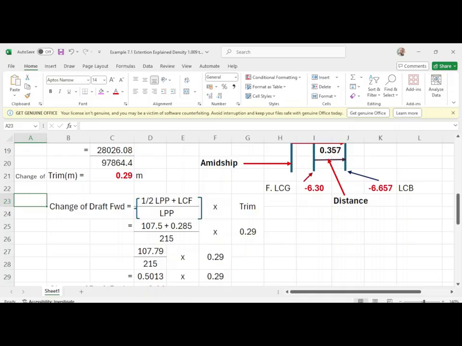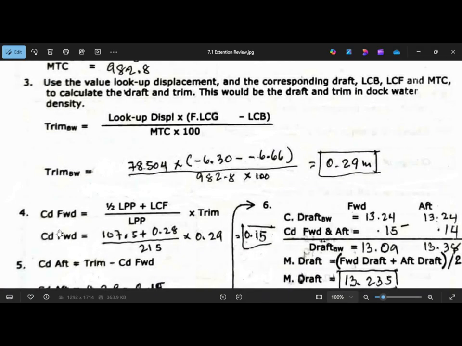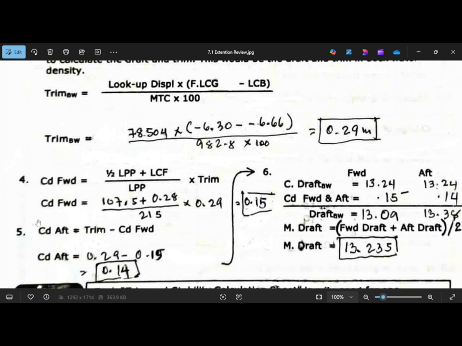So for the change of drop, this will be the formula. Change of drop is one half LPP plus LCF over LPP times trim. So that will be 107.5 plus 28, which is the LCF, over LPP, times your trim of 0.29.